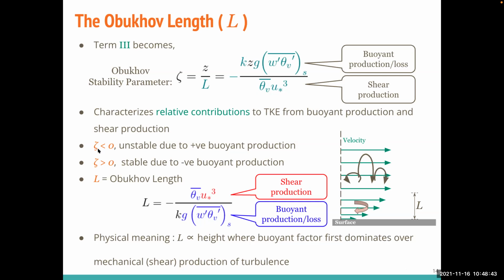If this Obukhov stability parameter is less than 0, then you have unstable situation, and then you have positive buoyant production. So it all traces back to the TKE budget equation. So you have positive or negative buoyant production or loss, right? If it's larger than 0, then it's a stable situation, and then you have negative buoyant production, which is buoyant loss. Okay.